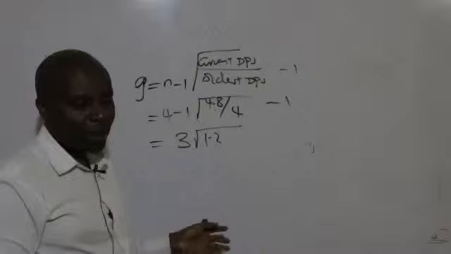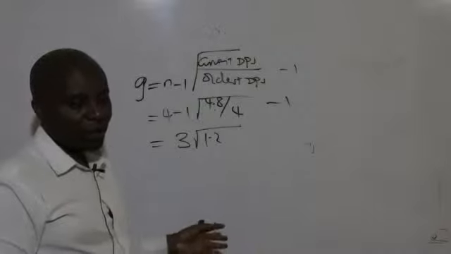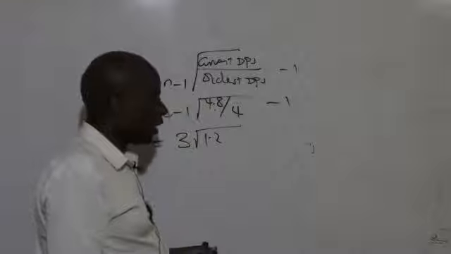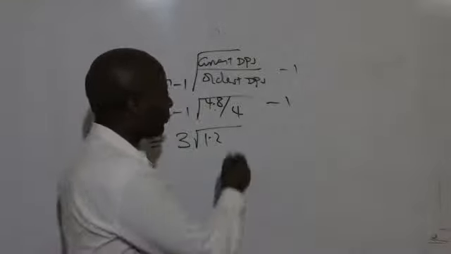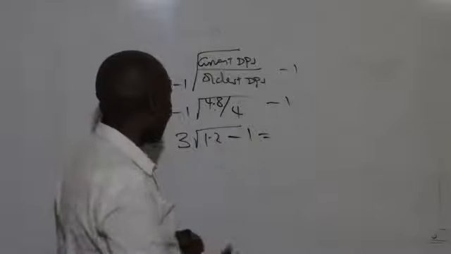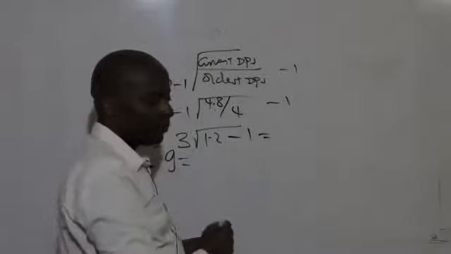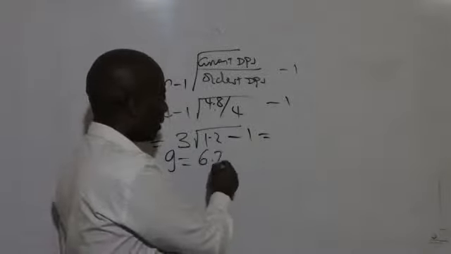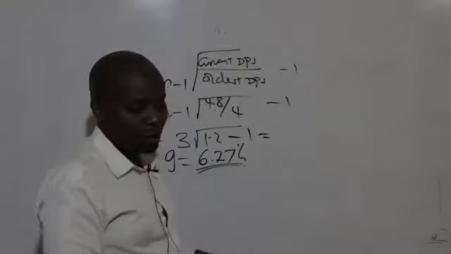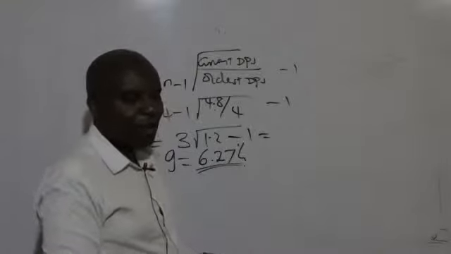Please guide us accordingly. What do we have there? 1.062. So at the end of the day, when you subtract 1, what is the growth rate? 6.27%. Thank you very much.